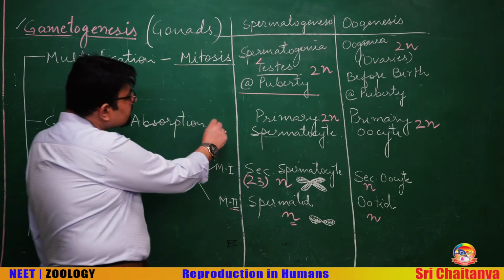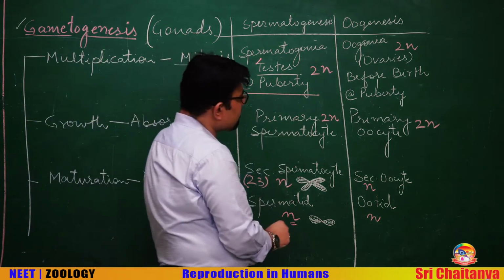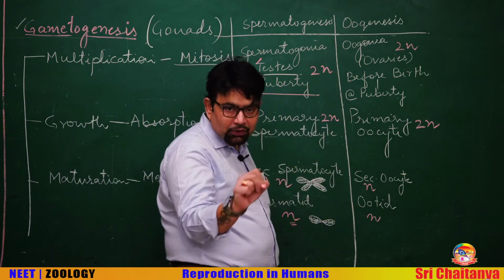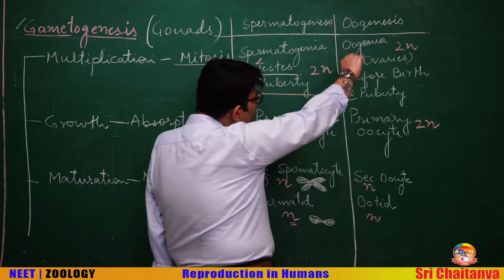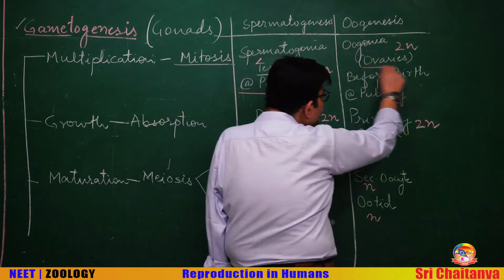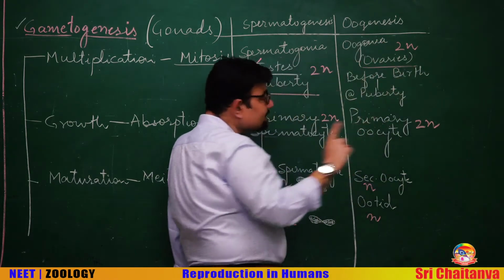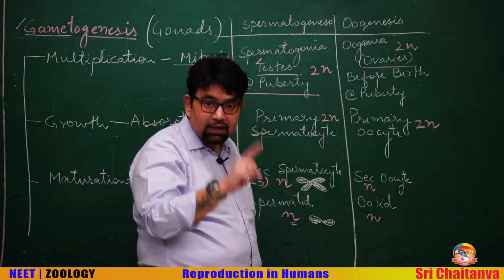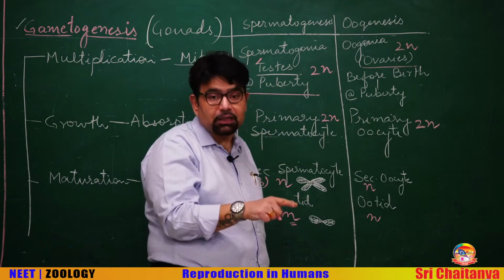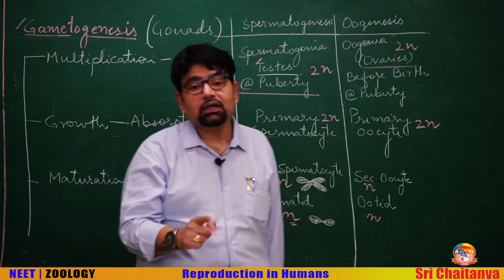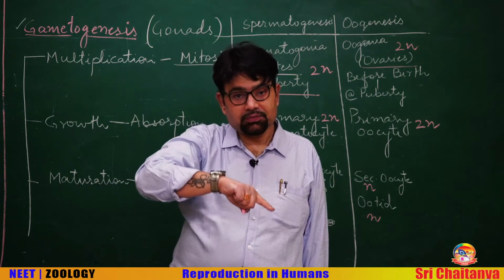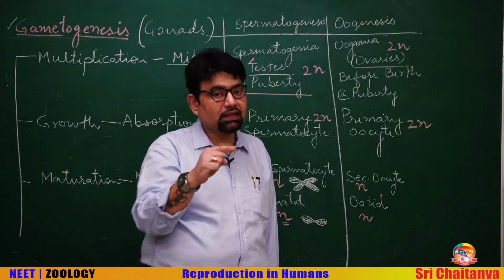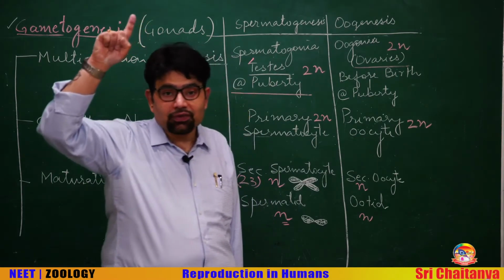Now comparing this with oogenesis, the terms are the same, but there are some very important points to notice here. This occurs in the ovaries, but when does it start? Very, very important: oogenesis starts just before birth. I repeat, oogenesis starts in the embryonic life.